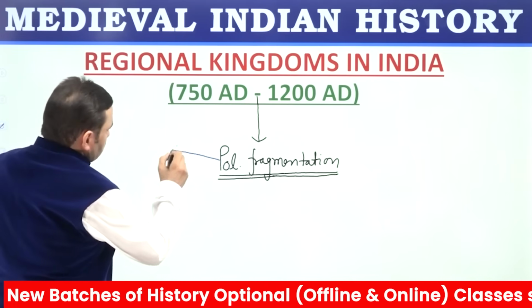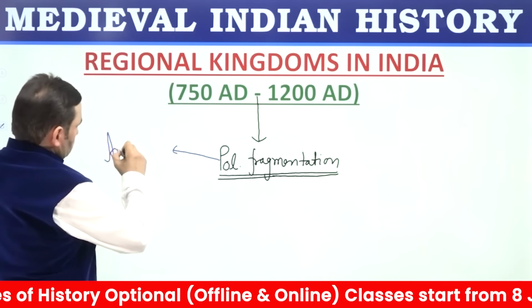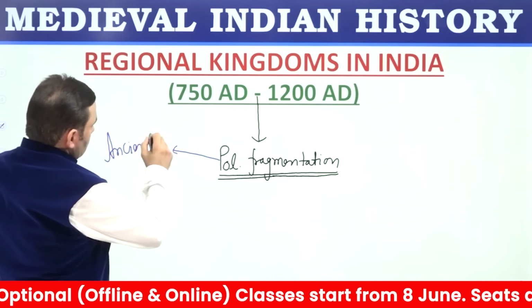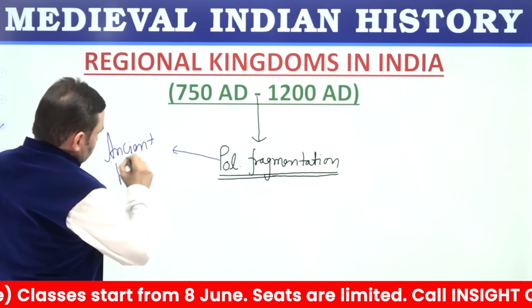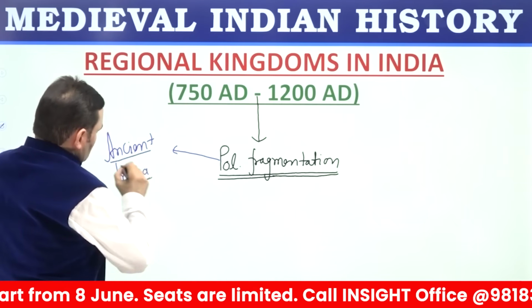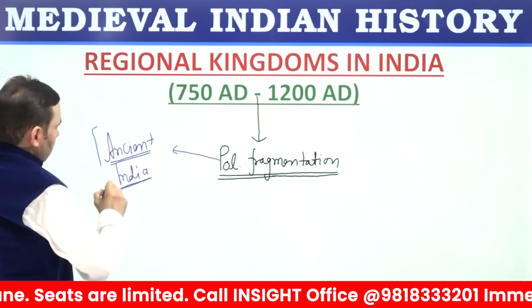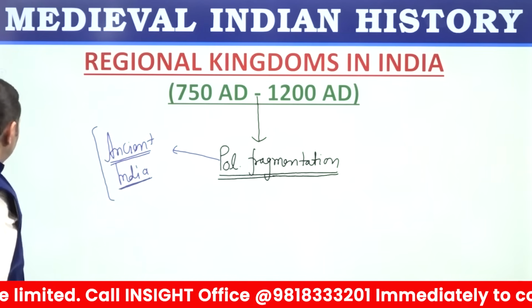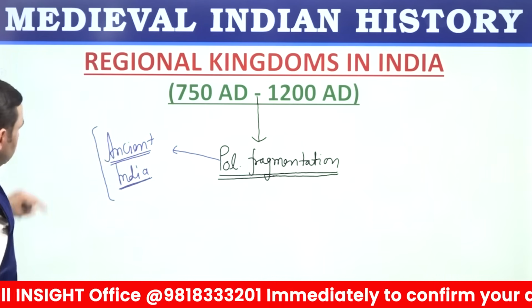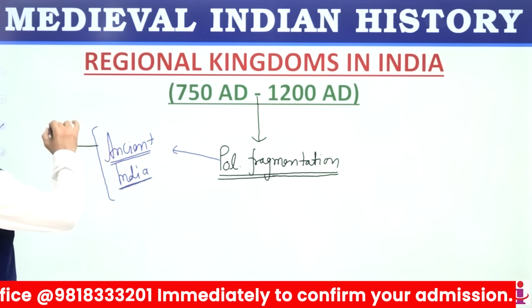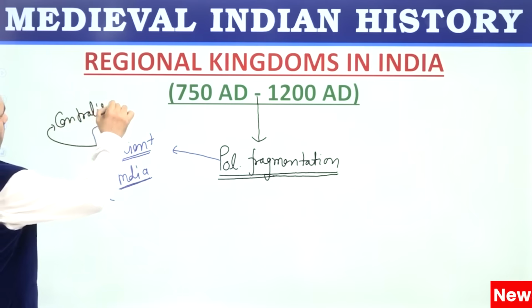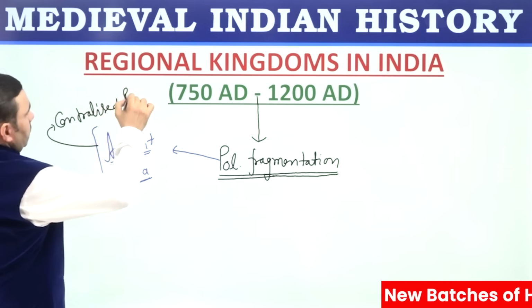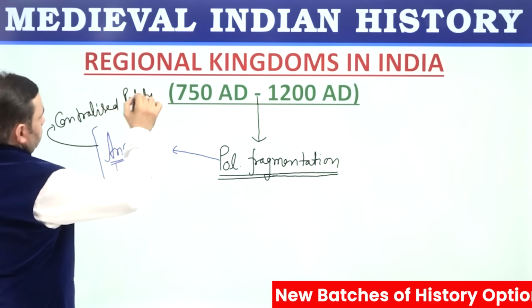When we look at the ancient age, or why do we call a particular period ancient Indian history, in this age, there was a centralized political system. It means there was a powerful central authority.